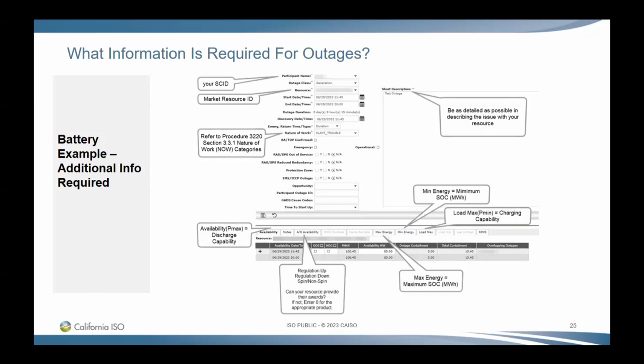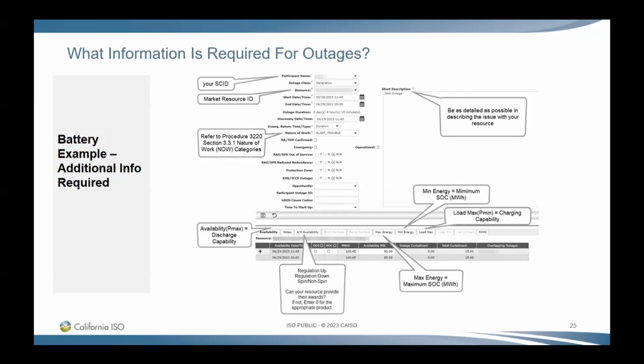Now we have a battery example, and so additional information needs to be put into the outage card for these battery resources. So again, please be sure that you're paying attention to this information that goes in there, sharing with those who are responsible for putting in your outages that we need this kind of detail for these resources.